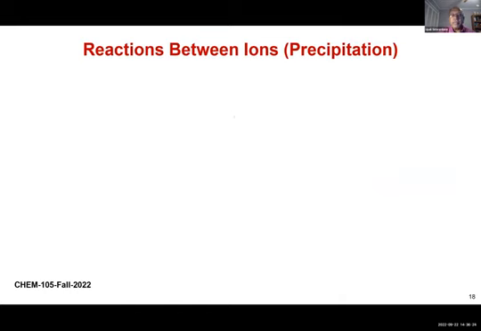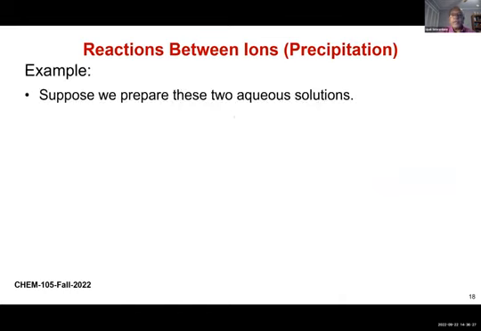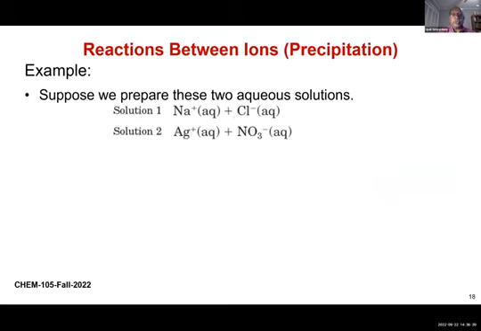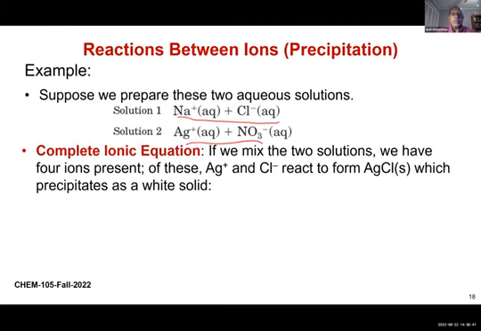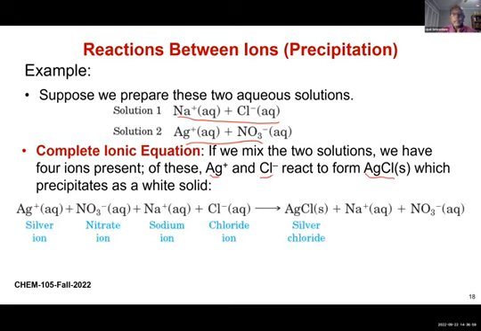Reaction between ions. Suppose we prepare two aqueous solutions, the same ones we are talking about, silver nitrate and sodium chloride. If we mix the two solutions, we have four ions present. These react together to form silver chloride, because silver chloride is an insoluble salt. Therefore, silver chloride precipitates out. This is called the complete ionic equation.